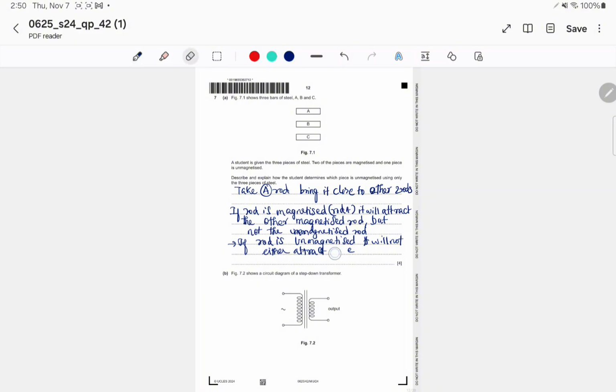One minute, I simply made a mistake here. Attract other rods. So you have to repeat the procedure. This is the simple thing we have to write.